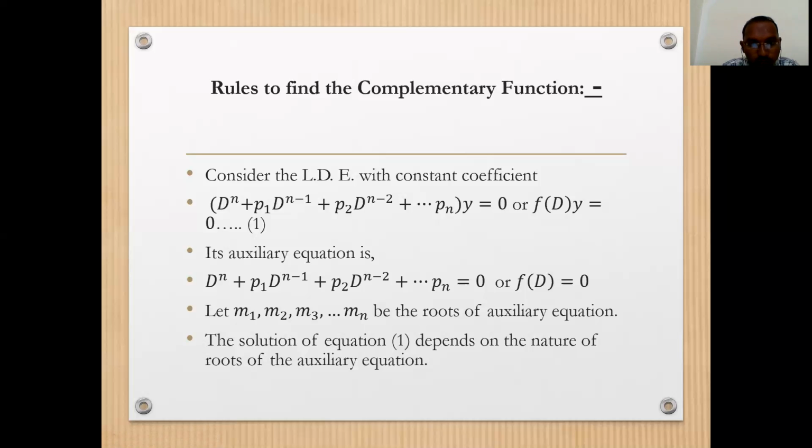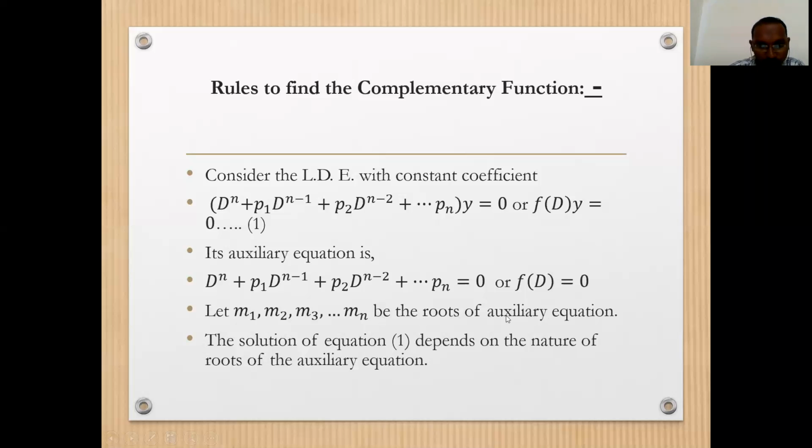Suppose this polynomial f of D has n roots, and those roots are m1, m2, m3 up to mn. These are the roots of this auxiliary equation.